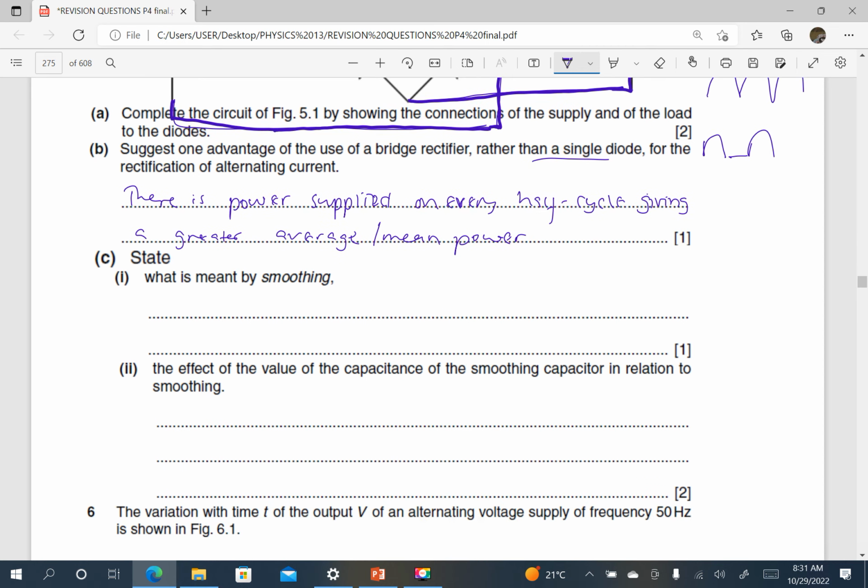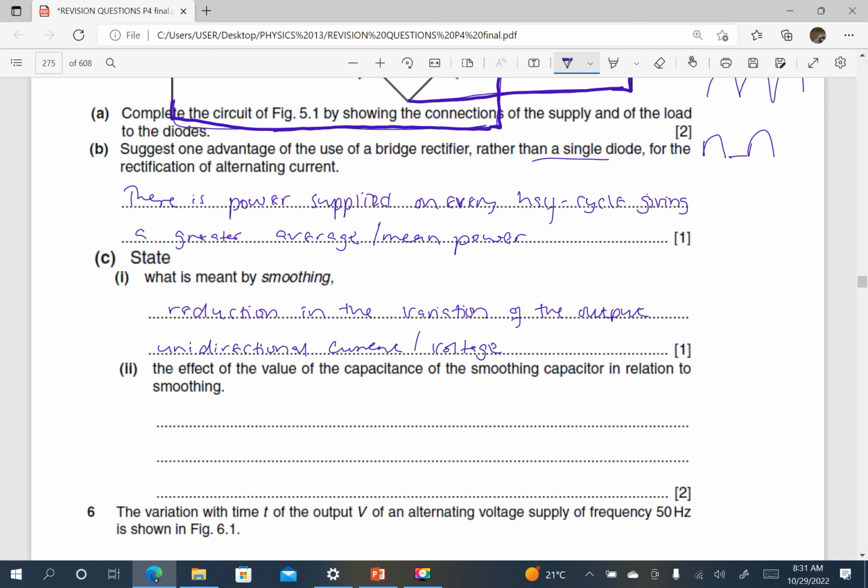So smoothing is the reduction in the variation of the output unidirectional current or voltage.